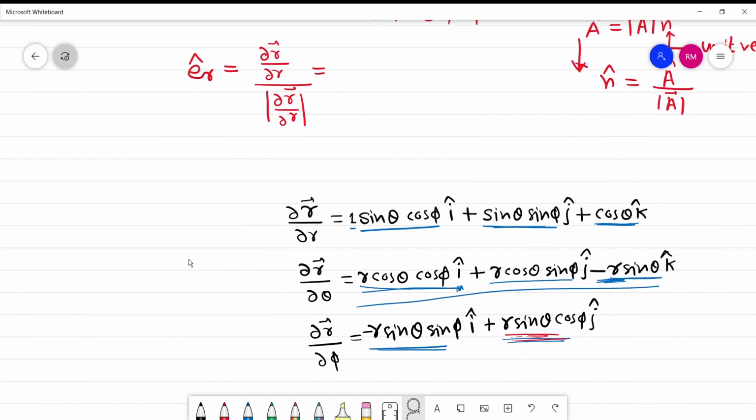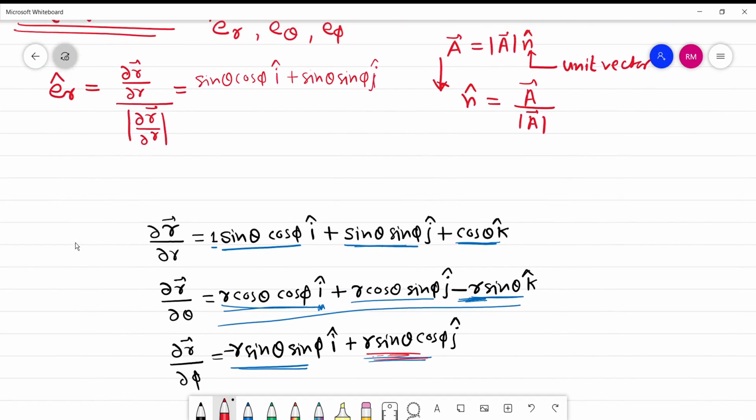So you can see delta r bar by delta r is sine of theta cos of phi i cap plus sine of theta sine of phi j cap, then plus cos of theta k cap.